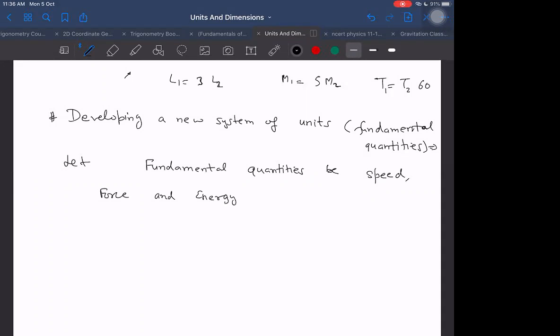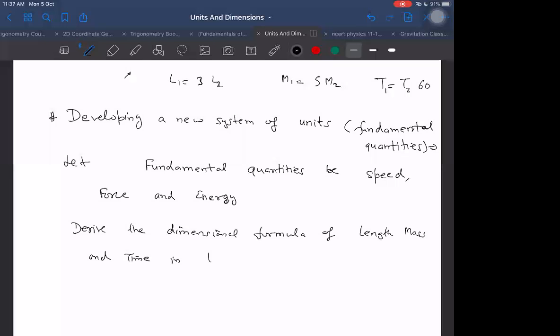Let there be a new system of unit where these three are fundamental quantities: speed, force, and energy, and derive the dimensional formula. Derive the dimensional formula of length, mass, and time in terms of these quantities.